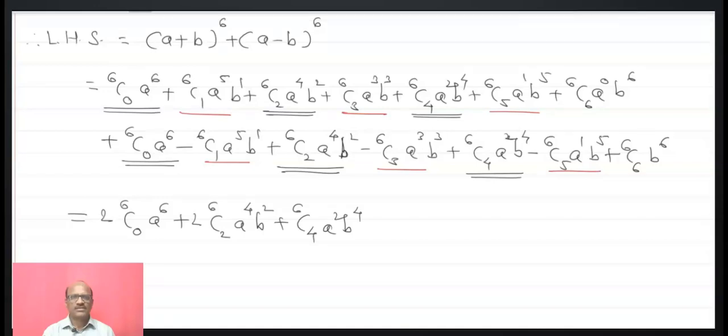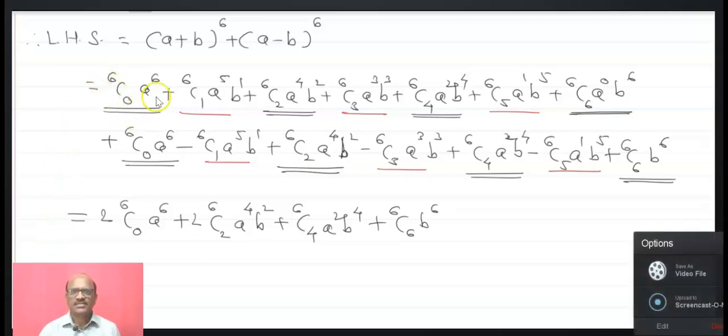I will show again. This is, that is 6c0 a raised to 6, 2 times. Next is 6c2 a raised to 4 b square, 6c4 a square b raised to 4, and 6c6. It's everyone, this is also 2 times and this is also 2 times.